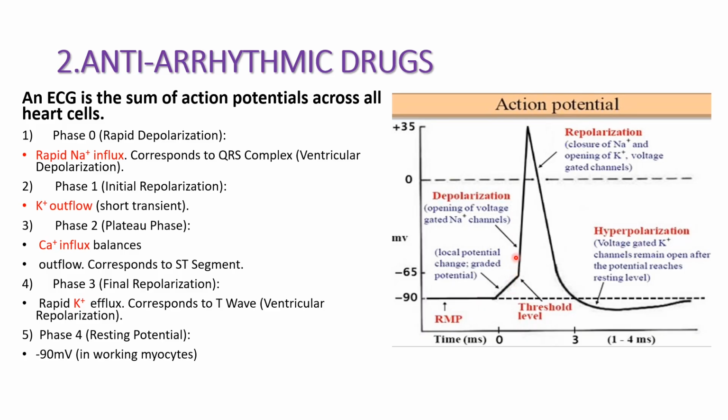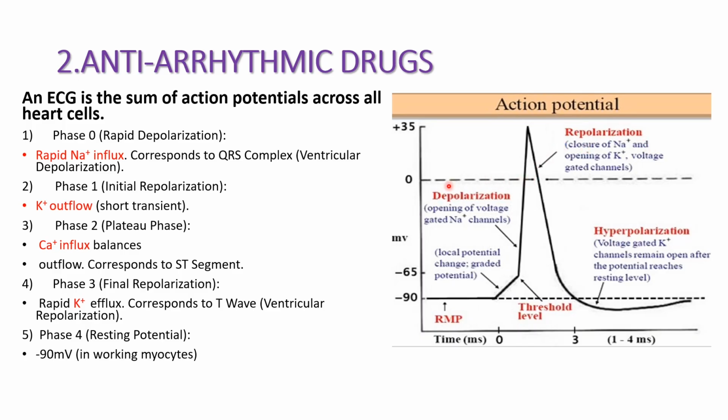Coming to the next phase, phase 1, which is called initial repolarization. First it is in the resting stage, then depolarization occurs, because of which the sodium channels open and sodium ions influx, followed by repolarization, which is phase 1, the initial repolarization.